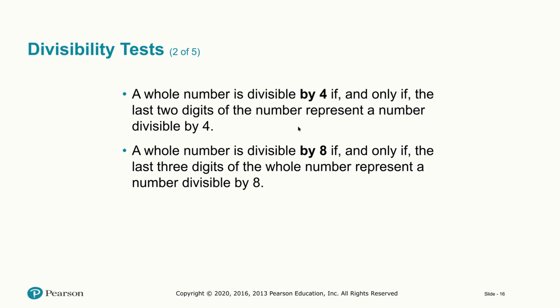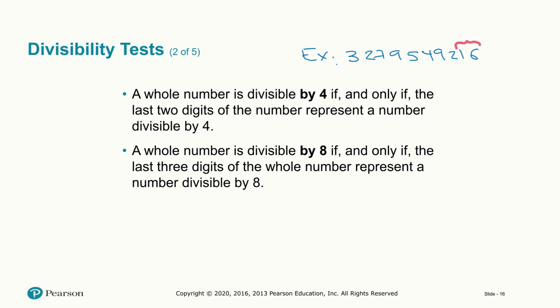For example, let's say I give you some really large number, 3, 2, 7, 9, 5, 4, 9, 2, 1, 6, right? I mean, that's a huge number, but you don't need to sit there and divide it by 4 to see if it's divisible by 4. All you have to do is look at the last 2 digits. Does that form a number that is divisible by 4? Yes. Therefore, the whole number is divisible by 4.